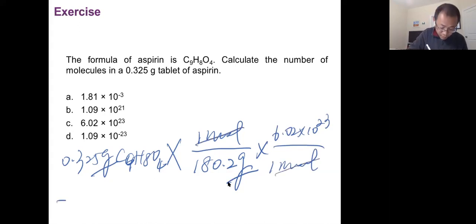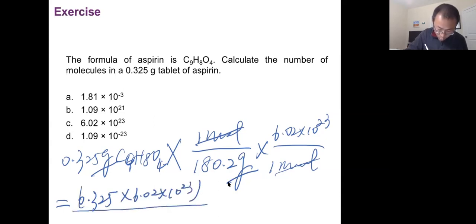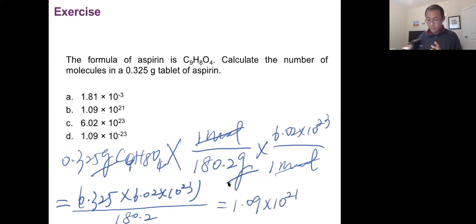All I need is to put the numbers in your calculator. 0.325 times 6.02 times 10 to the 23rd, parenthesis, divide by 180.2. I got 1.09 times 10 to the 21st aspirin molecules. Answer is B.